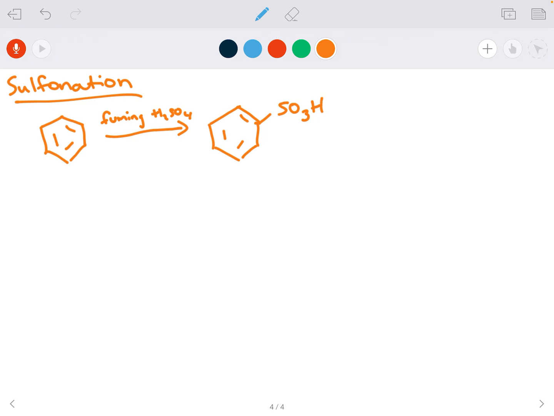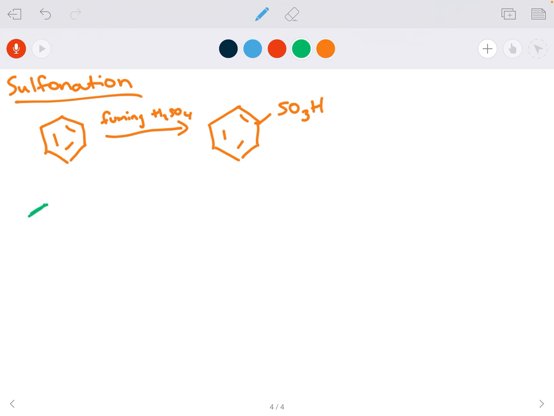So sulfonation, right, because I'm adding this sulfur compound onto the benzene ring. So fuming sulfuric acid produces SO3 gas. And SO3 gas is a very strong electrophile, so it works well for electrophilic aromatic substitution.